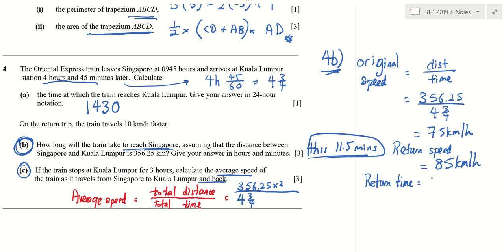What do you do to calculate the return timing? 356.25. Then what happened? Divide by 85, right? Divide the distance by speed will give you the time. What's the answer? 356.25.